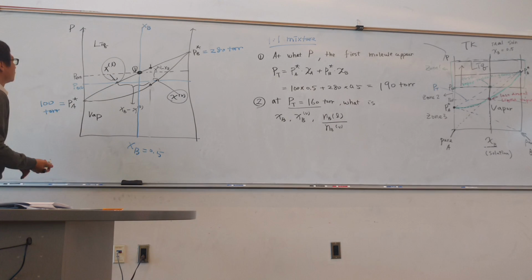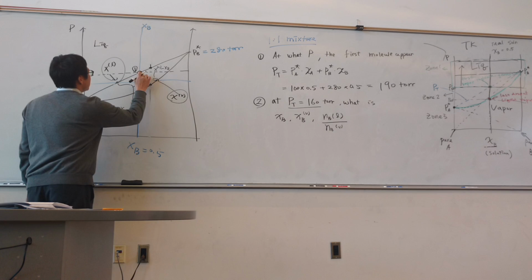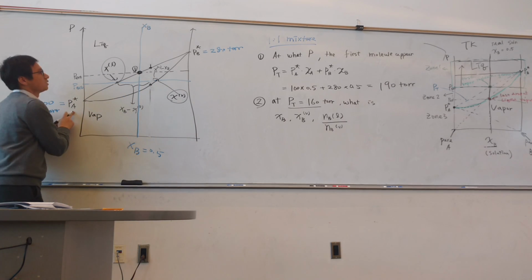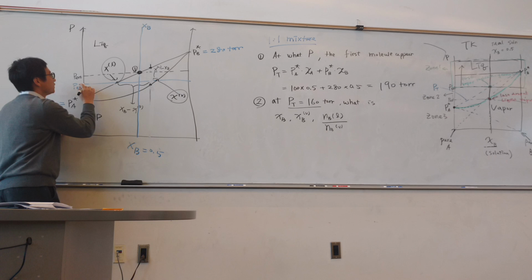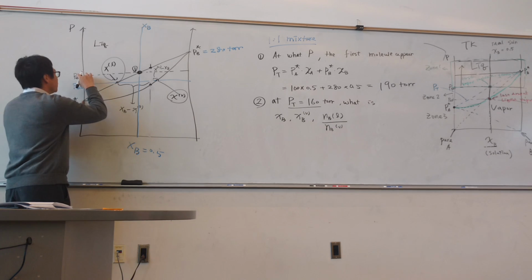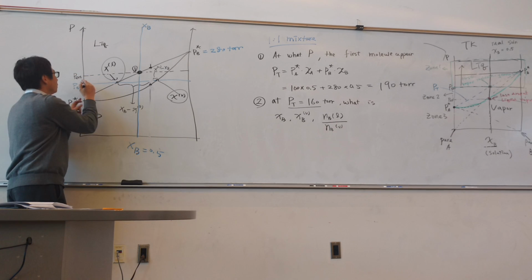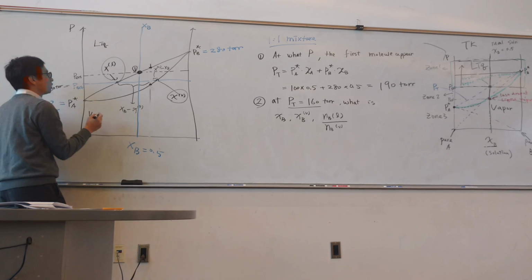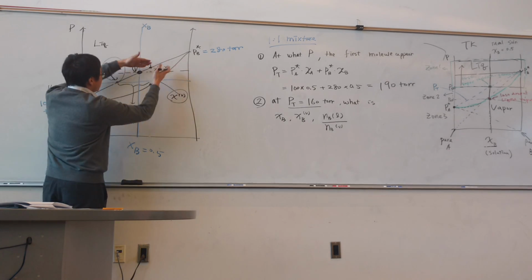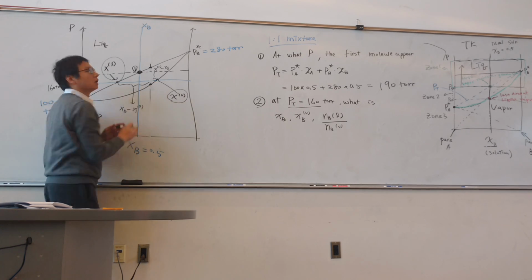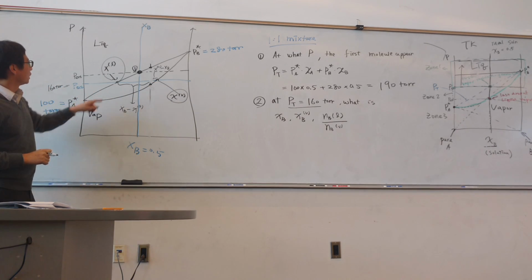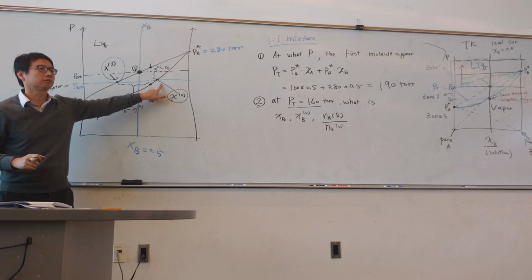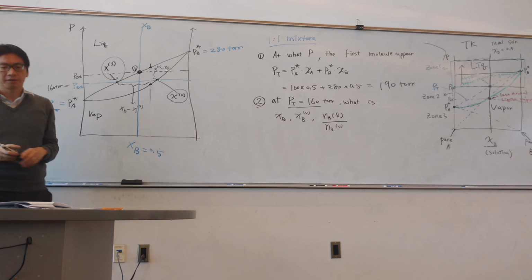So you know this is 190, this is 100. So 160 must be somewhere between these two points. So assuming this is 160, it's going to intersect these two curves in two different points.